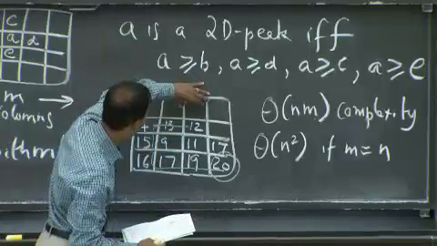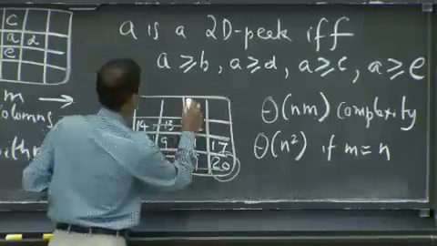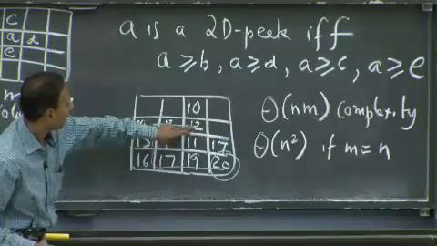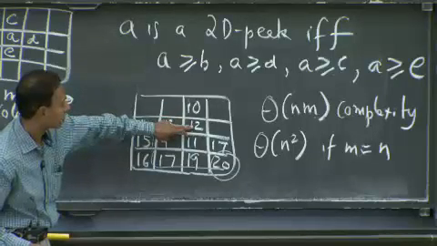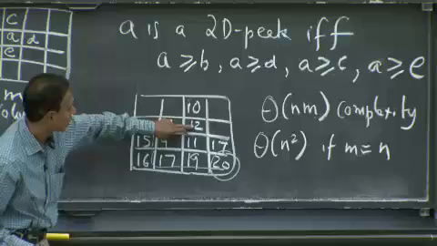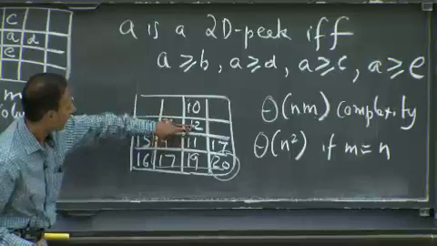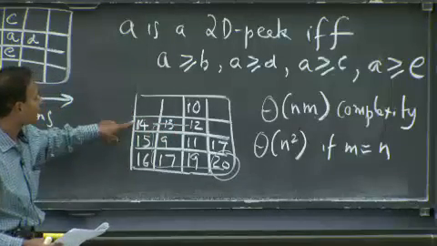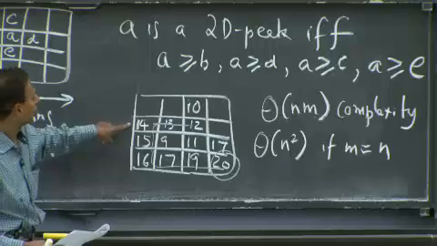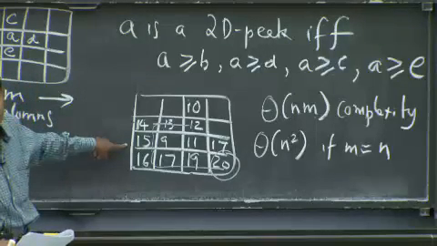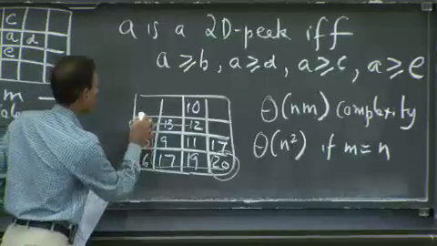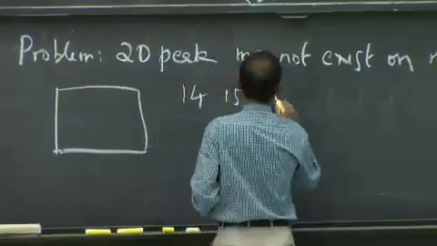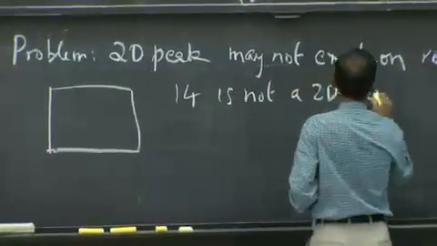I end up finding a peak, and if this were 10 up here, I choose 12 as a peak, and it's quite possible that I've returned 12 as a peak, even though 19 is bigger, because 12 is a peak given 10 and 11 up here. And then when I choose this particular row and I find a peak on this row, it would be 14. That is a 1D peak on this row, but 14 is not a 2D peak. So this particular example would return 14, and 14 is not a 2D peak.